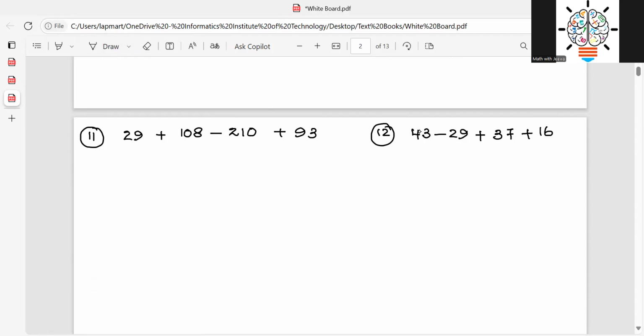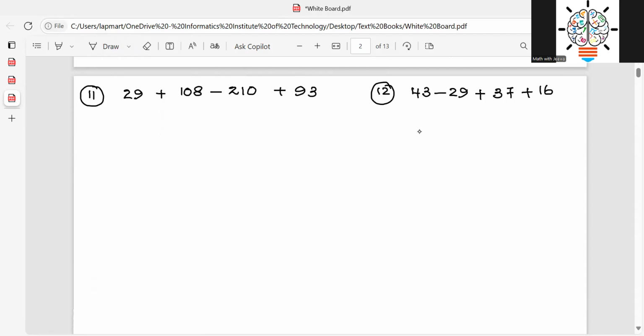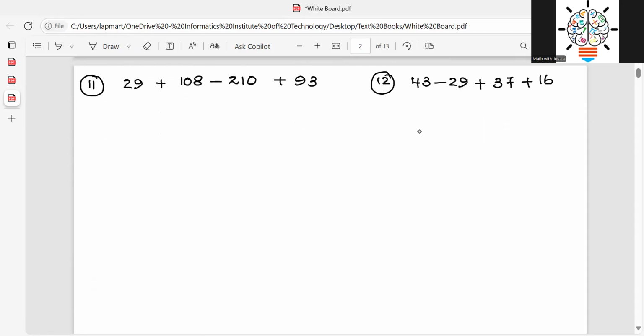Here you can see we have mixed addition and subtraction. You have addition and subtraction together in the same sum, and we'll see how you can get the answers, right?